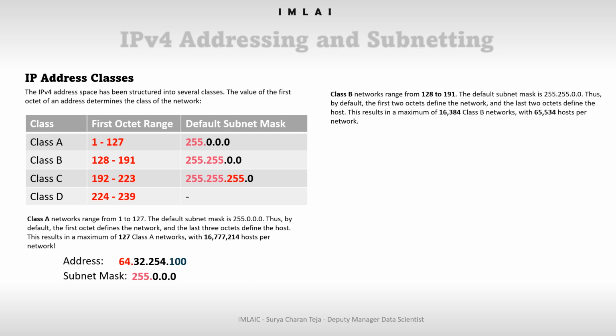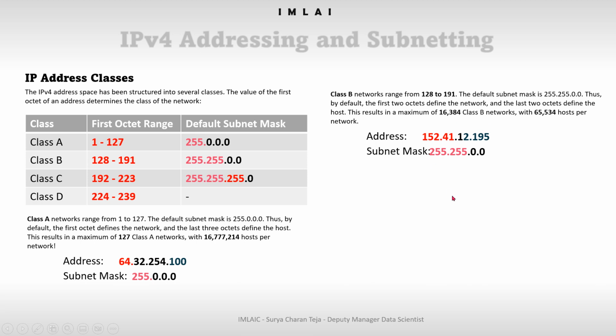Now let's move on to the class B network. As we discussed earlier, class B networks range from 128 to 191. The default subnet mask it has is 255.255.0.0. So what does it mean? It means the first two octets define the network, and the last two octets define the host.